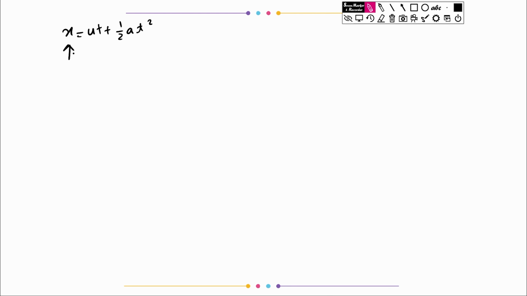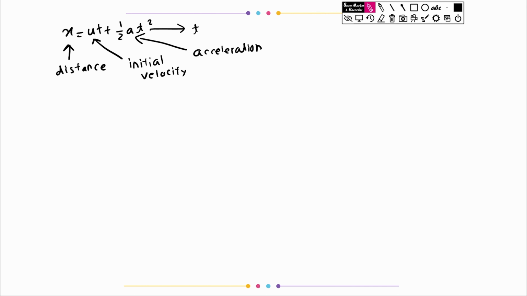So in the equation, x is the distance, whereas u is the initial velocity, a is the acceleration, and as we know, t is time. So the equation is trying to tell that if a particle is starting with an initial velocity u and it is accelerating with a, then at time t, the distance traveled by the particle will be x.